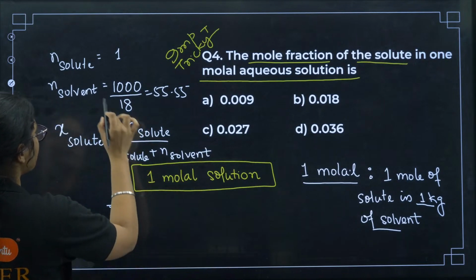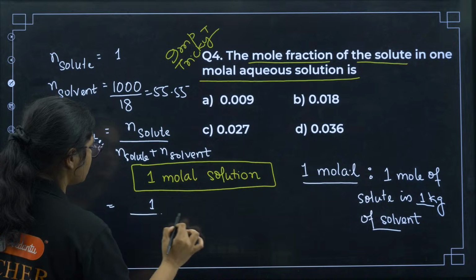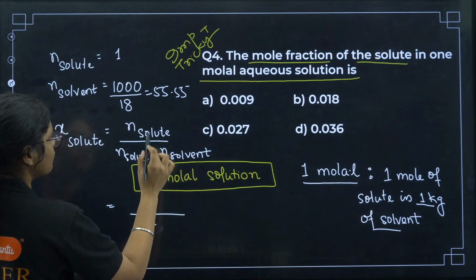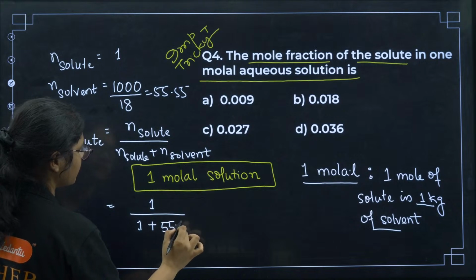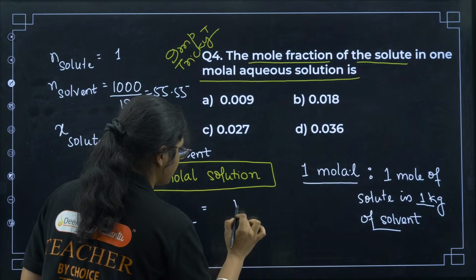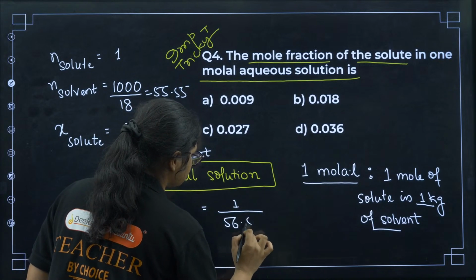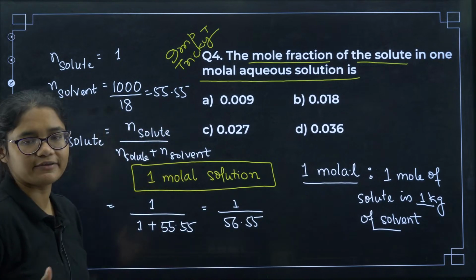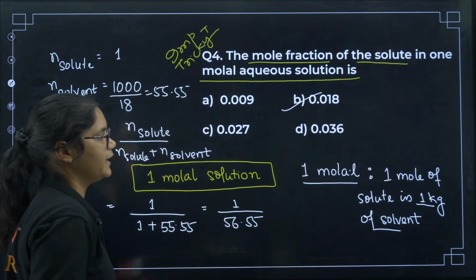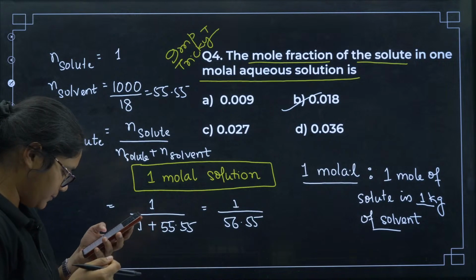The number of moles of solute is 1, divided by 1 plus the number of moles of solvent, 55.5. If I solve this, I'll get 1 by 56.55. If you calculate this, you will get 0.018. So that is option number B.